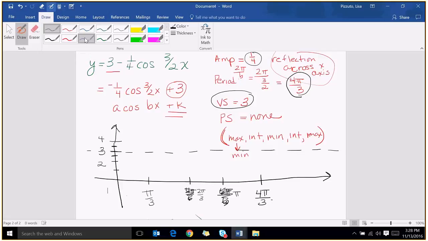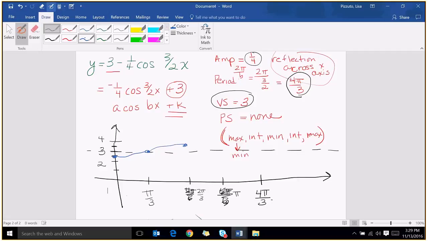Okay. So now you're ready to actually start graphing, keeping in mind that you're reflecting. So instead of starting at the maximum, you're starting at the minimum, which is 1/4 below the midline. Then you're going to the intercept. Then you're going to the maximum, and that maximum's only that 1/4 above the midline.